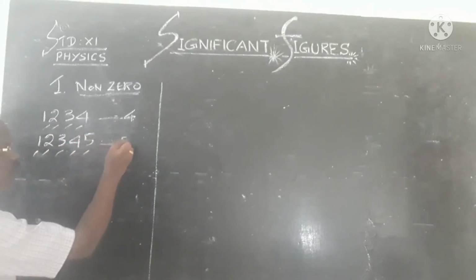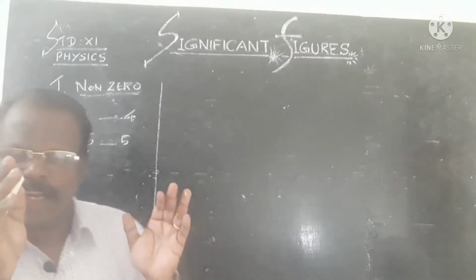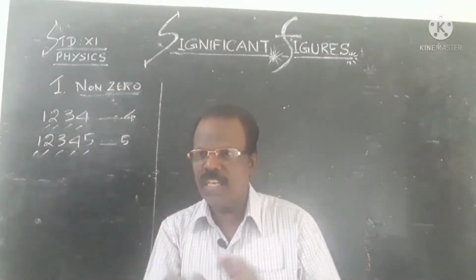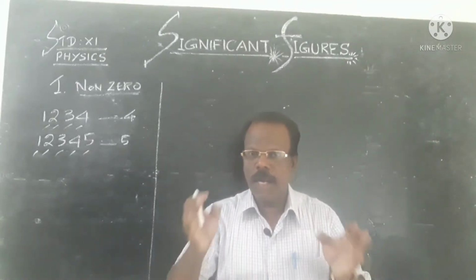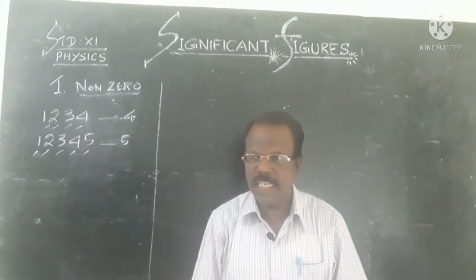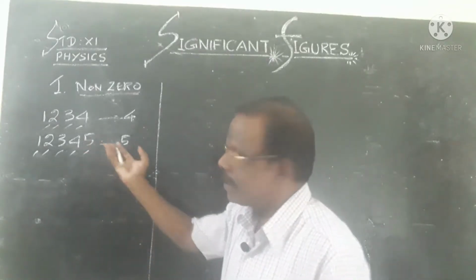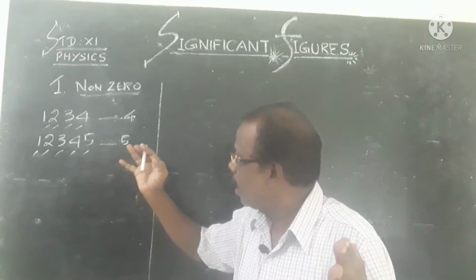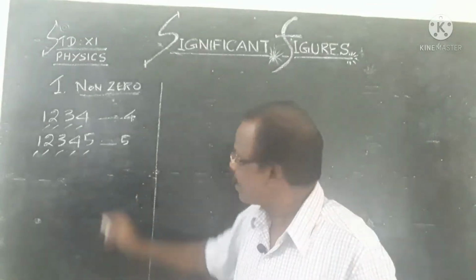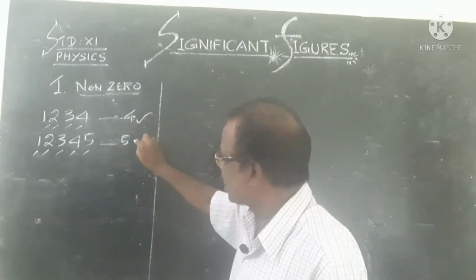So all the non-zero numbers are meaningful digits. Significant figure means the number of meaningful digits. In both cases all the numbers are non-zero, so the first one is 4 and the next one is 5.